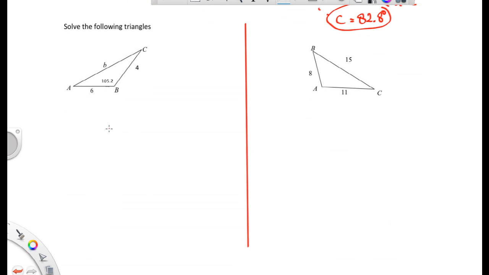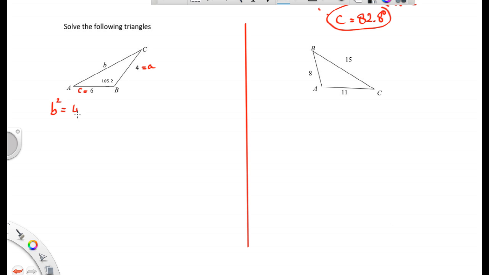Alright, so with that in mind, let's look at this triangle over here. It says solve the following triangle. This one I'm not going to solve the whole way through. So let's think about this for a moment. There's no way that I have a pairing, so I have to find something here. I do have cosine b here, so let's find out what b squared is. Let's label these: that's a, and that's c.